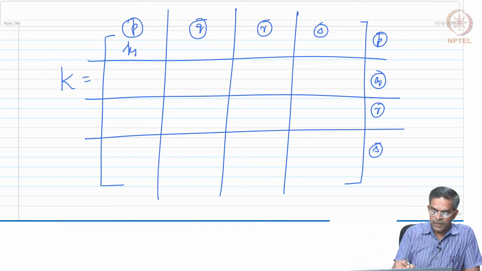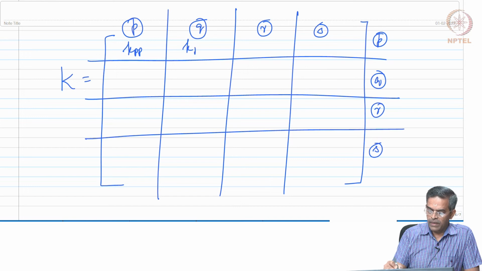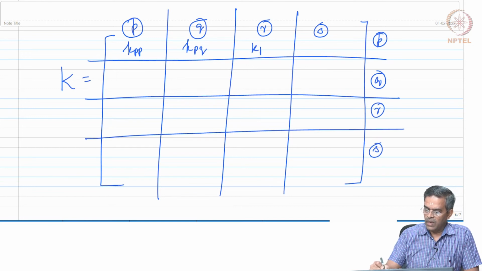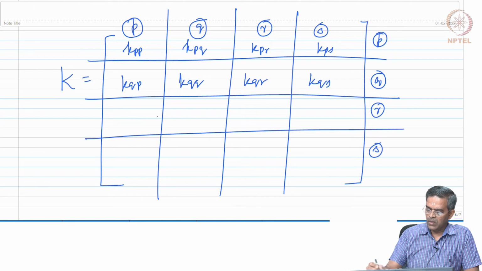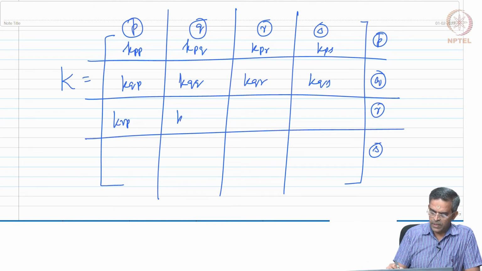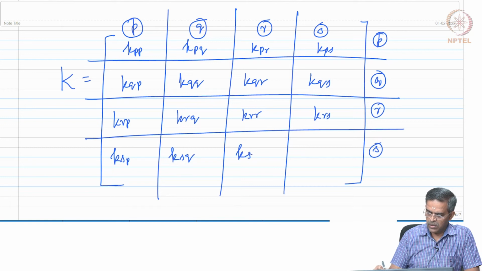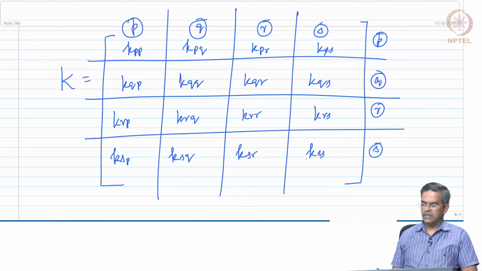So, this is KPP, KPQ, KPR, KPS, KQP, KQQ, KQR, KQS, KRP, KRQ, KRR, KRS, KSP, KSQ, KSR, KSS, isn't that?